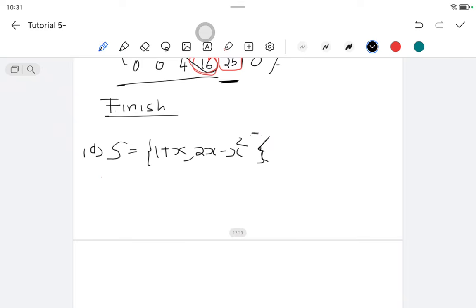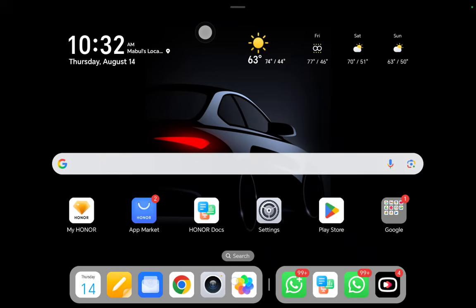Let me just change the tip of the pen. Then maybe the problem might be the tip. Yeah, I think the problem was the tip of the pen.